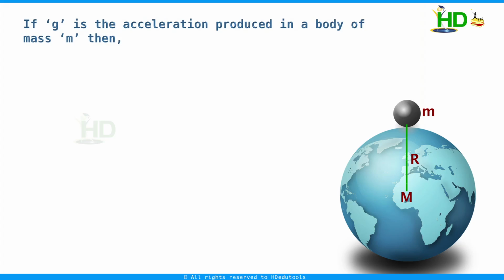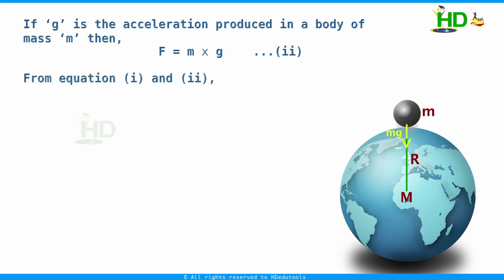If small g is the acceleration due to gravity, the weight of the object is given by F equal to mg. This is acting vertically down. This is the gravitational force due to earth on the object, and this is nothing but the gravitational force acting between two objects.